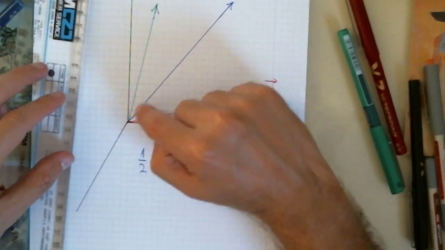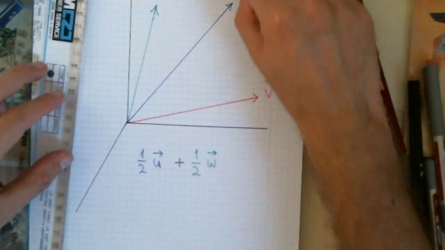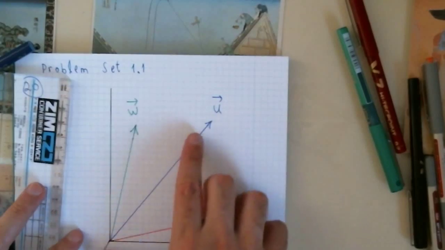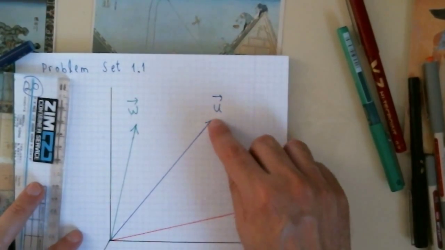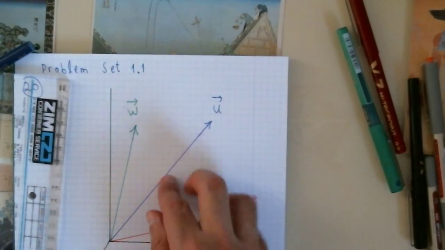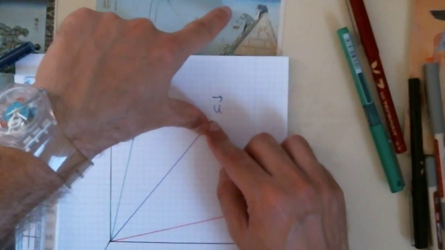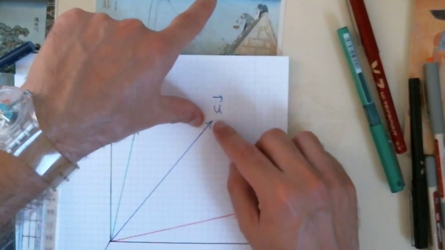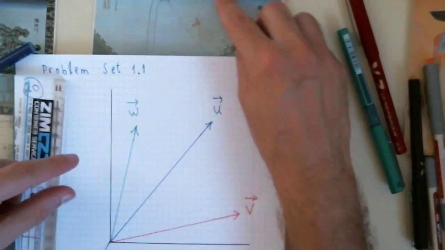Why? Because if we add U plus W, if we go along U, we walk to here. This is U. And then we want to add W, so we add this green line to where we finished with U. So we walk along W and we reach here.